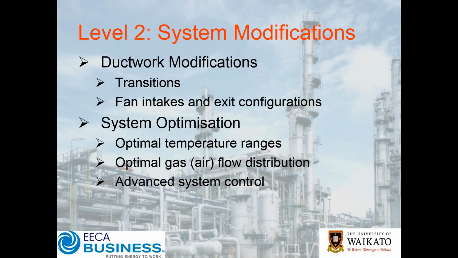It's very common to have poor ductwork that results in very poor distribution, which then has a knock-on effect on the performance and efficiency of your process. Are there more advanced system control strategies and techniques that can be employed to better optimize and utilize your process?